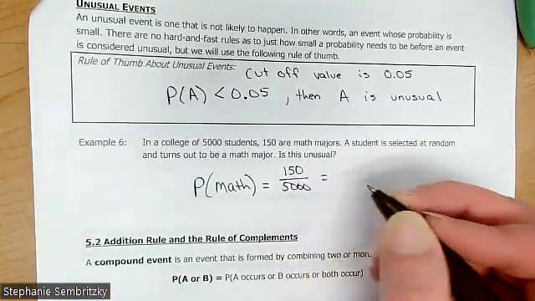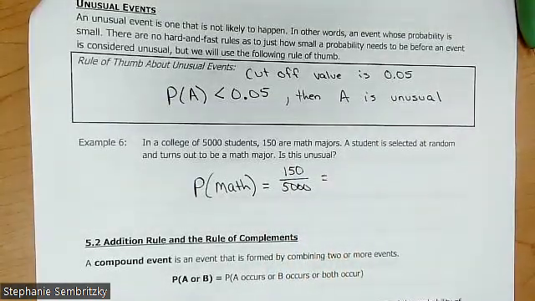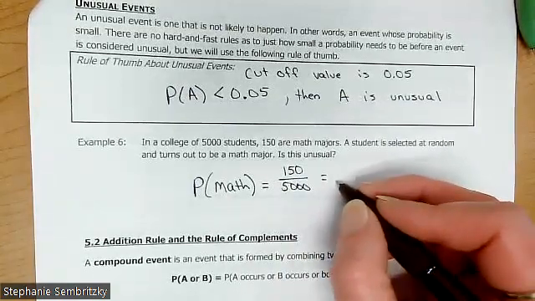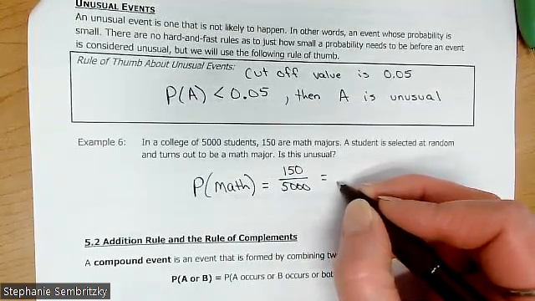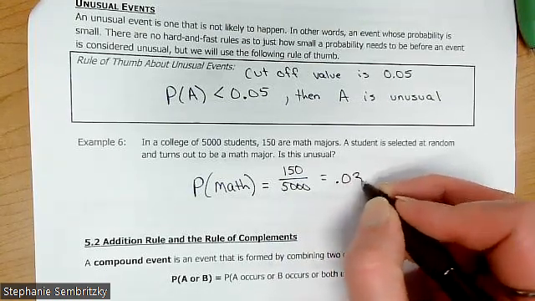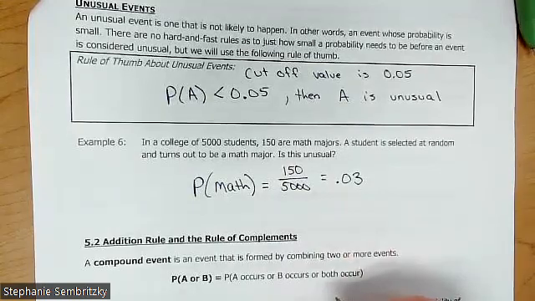Can somebody do us a favor of dividing 150 by 5,000? Mine ended up being like 0.003. Maybe I wrote it in wrong. Yeah, I got 0.03. So does that make this an unusual event? Yeah.